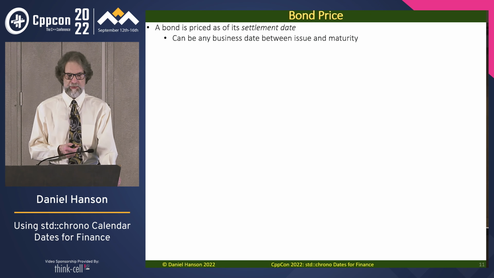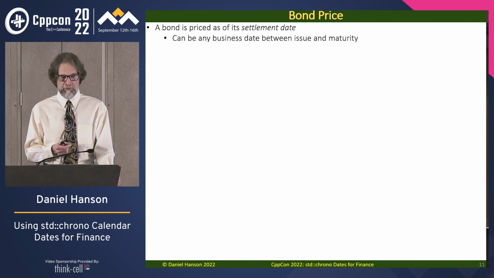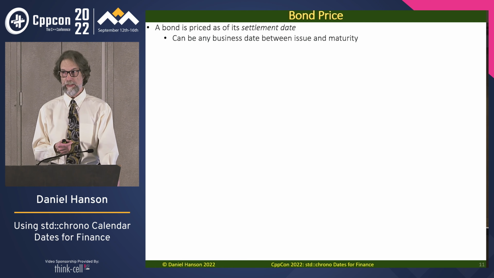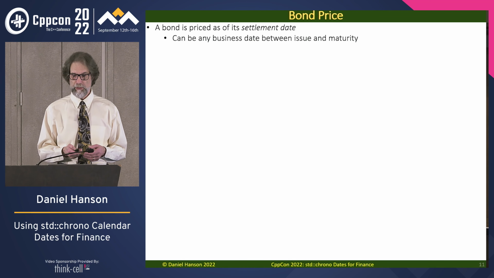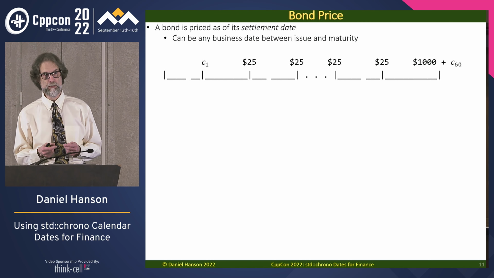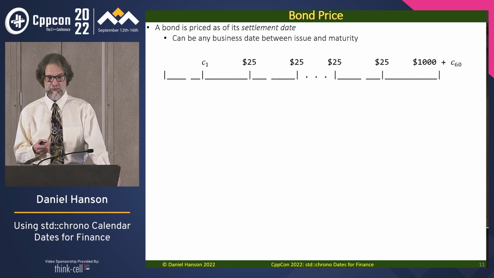Now, the bond price is priced as of its settlement date. This can be any business date between issue and maturity. So after a bond's issued, it gets traded in the market. You can buy a bond, and then a month later you can sell it through your brokerage. But the price is not the face value.